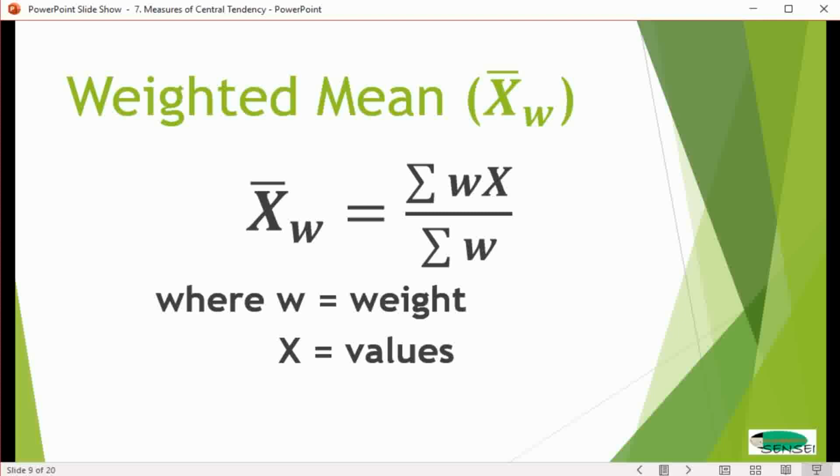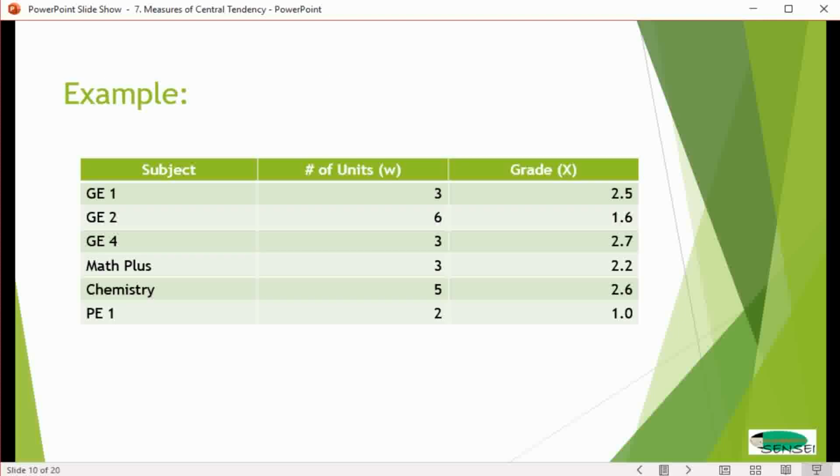calculate for weighted average. So weighted average because our subjects, especially in college, represent certain weight, and the weight there is your unit. So let's have an example where the subjects are the following, and these are the number of units per subject. So the weight of that subject depends on the number of units.